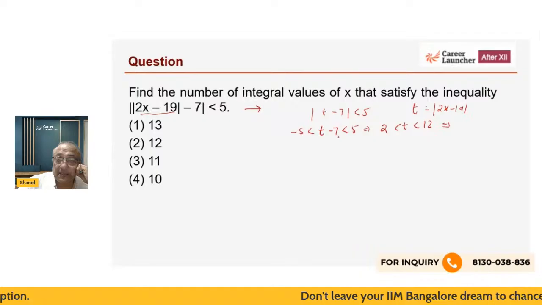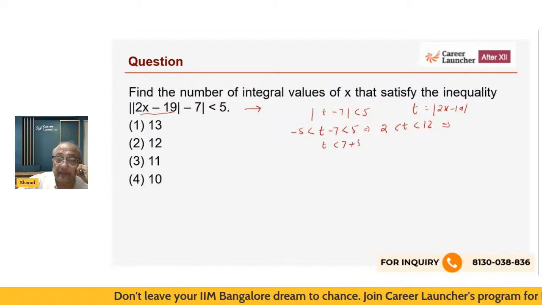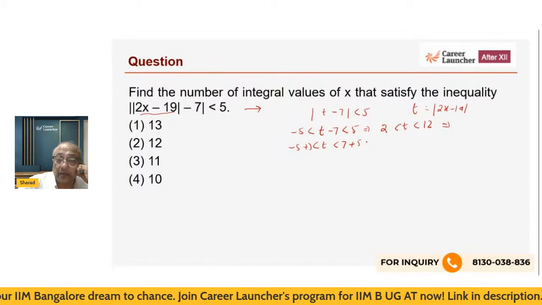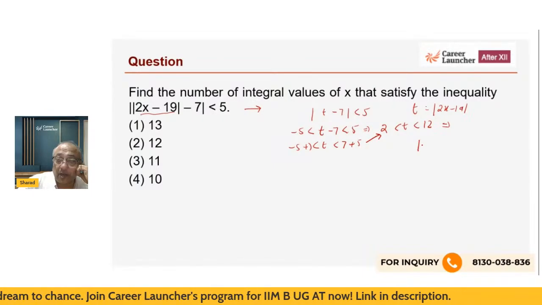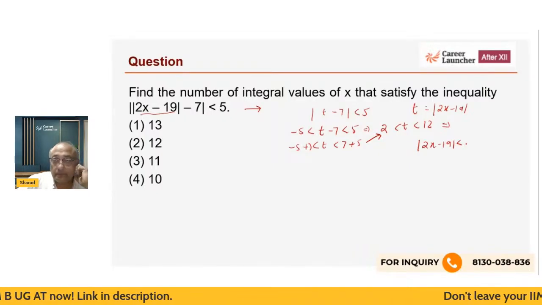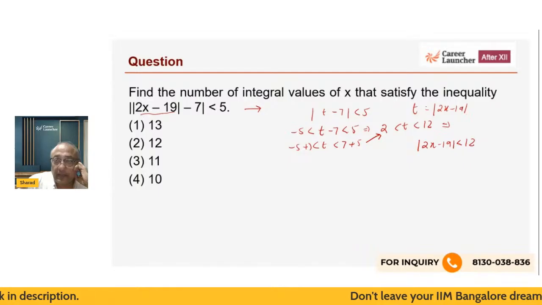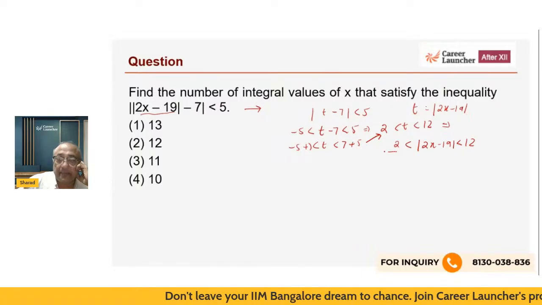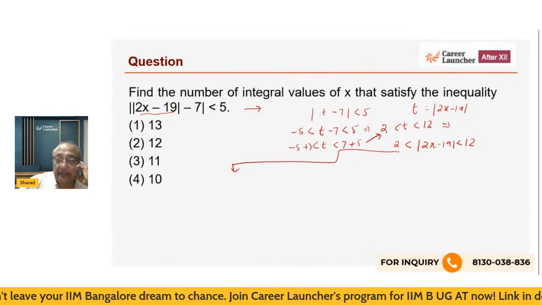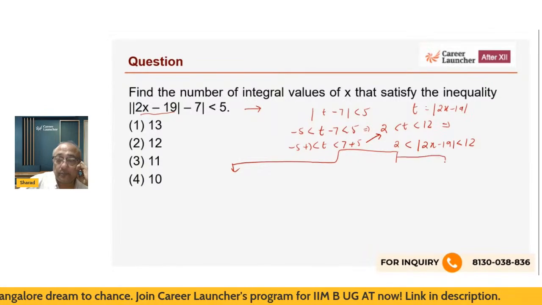Did you get how this has come here? Let me rewrite this so that you do not miss it: 7 plus 5, and here minus 5 plus 7. That is how we come to this part. So now what do we have? We have mod of 2x minus 19, which is between 2 and 12. Now this can be solved in two parts, part 1 and then part 2.